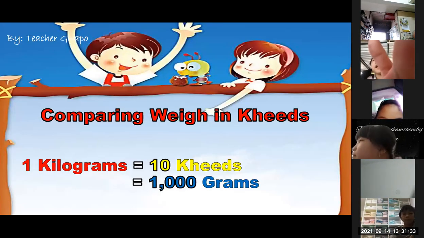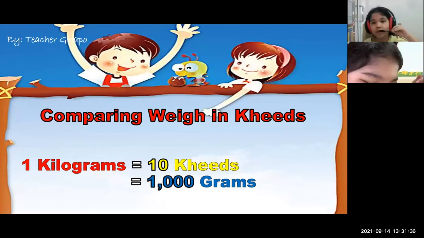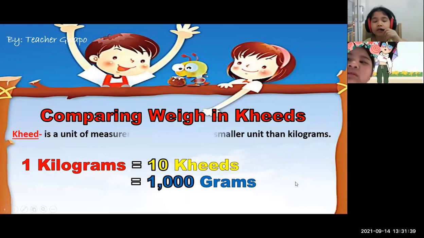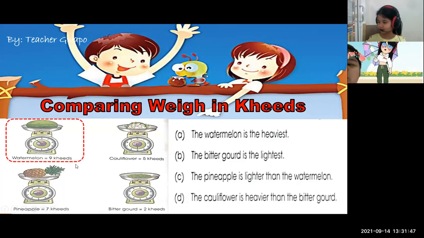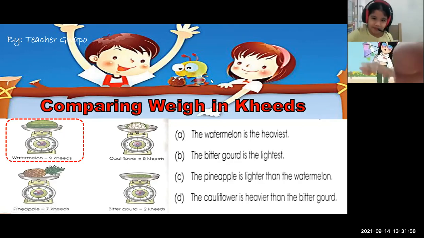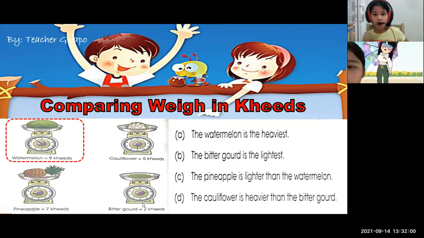Always remember when we compare weights that 1 kilogram is equal to 10 kids or 1,000 grams, right? So here, as you can see in these objects, the watermelon is 9 kids. The cauliflower is 5 kids. The pineapple is 7 kids. The bitter gourd is 2 kids. So we can say that watermelon is the heaviest, nak tisot, because it is 9 kids.